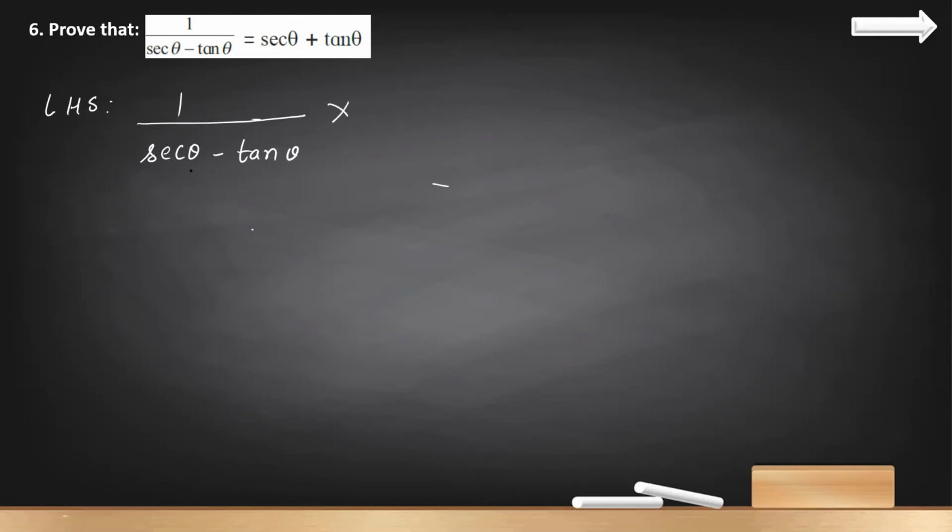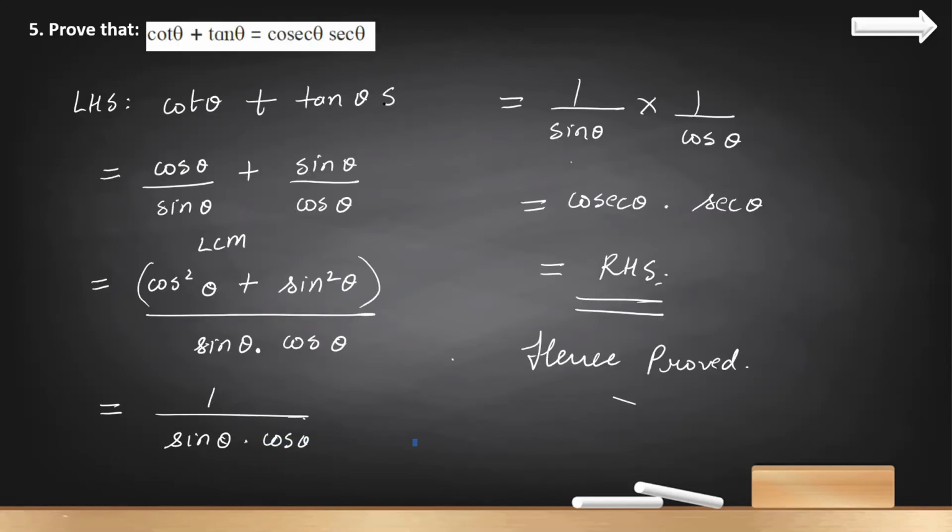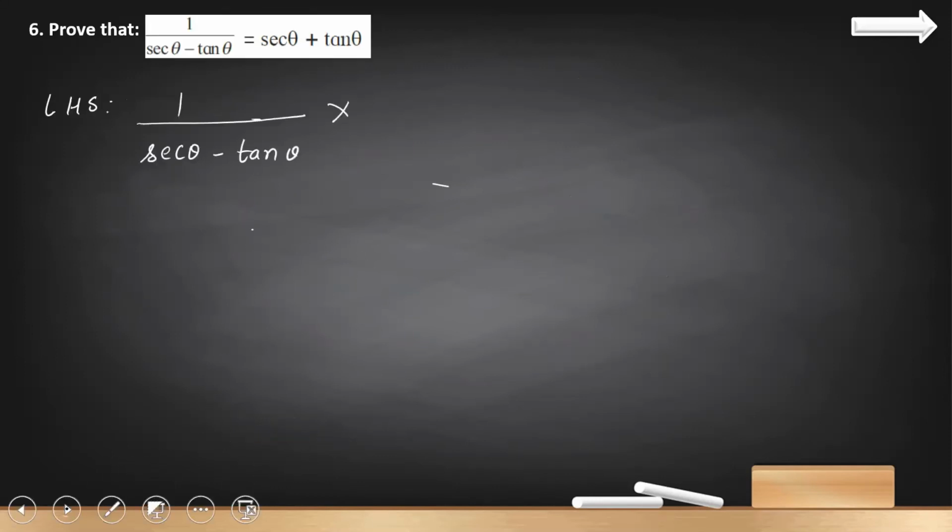The denominator is sec theta minus tan theta, so the rationalizing factor will be sec theta plus tan theta. So let us multiply both numerator and denominator by sec theta plus tan theta.